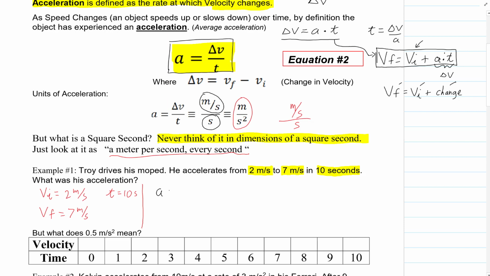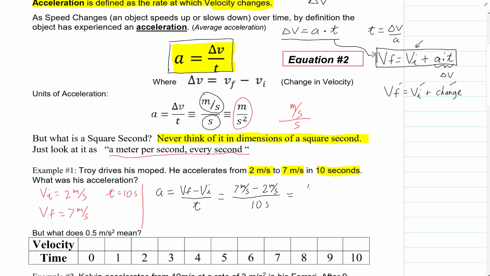So acceleration is Vf minus Vi all over t, because that's what the change in velocity is, Vf minus Vi. We're going to plug some numbers into it right now. So Vf is 7 meters per second minus 2 meters per second all over 10 seconds.